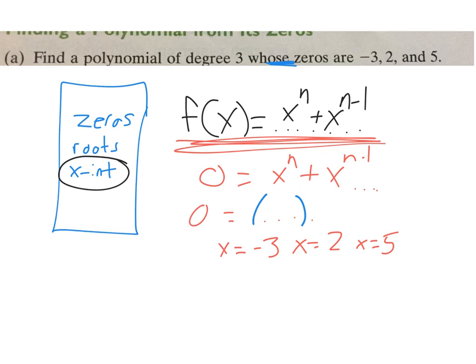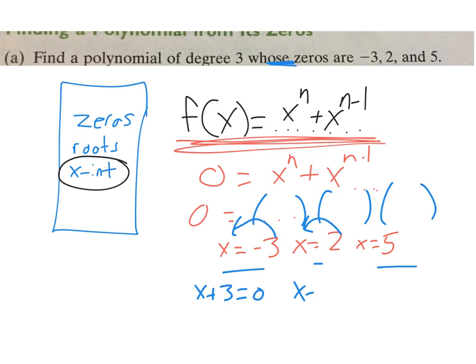We set each one of these parentheses equal to 0. So now I'm going to take what I want to be the roots and set them equal to 0. So if I move the negative 3 over, this says x plus 3 equals 0. If I move this over, it says x minus 2 equals 0. If I move this over, it says x minus 5 equals 0. And so what is that telling me? Well, if these were my things in parentheses, they would give me the roots that I want.